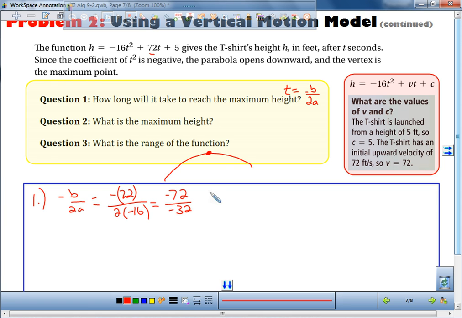Yep. So it would be about 2.25 seconds. Because that would be our time. Our time would equal negative b over 2a.